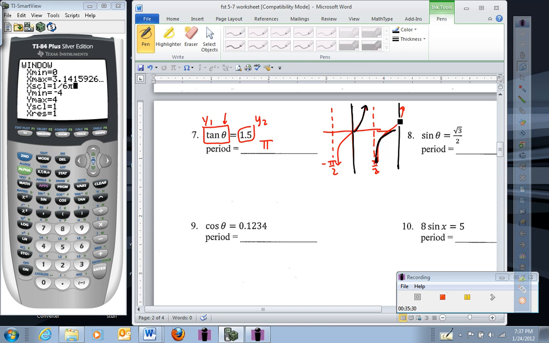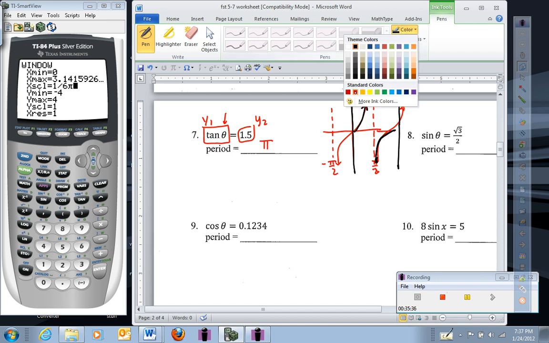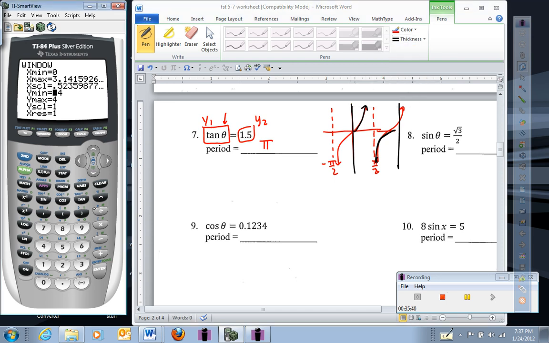That's the only parts we're going to see. Okay? And so with that in mind, you might want a little more length on your graph. Maybe not -4 to 4. You could go -10 to 10, because the range on that thing is all real numbers. Okay, let me hit the graph.